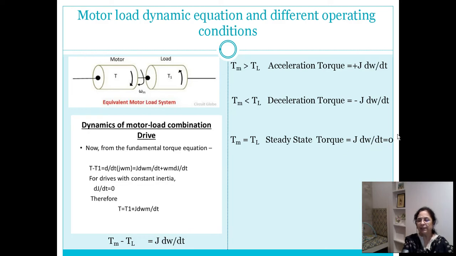So at steady state there is no further change of speed, and so J d omega by dt becomes 0. So looking at these three variations, we can find out what would be the speed, what would be the acceleration produced, depending on operating condition of motor and load. So this expression is very, very important, and it is called the motor load dynamic equation.